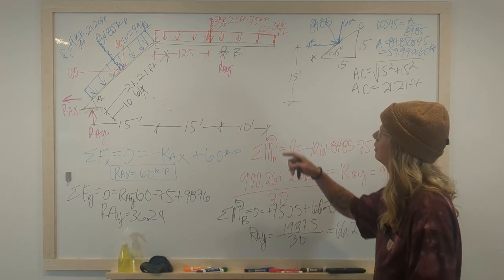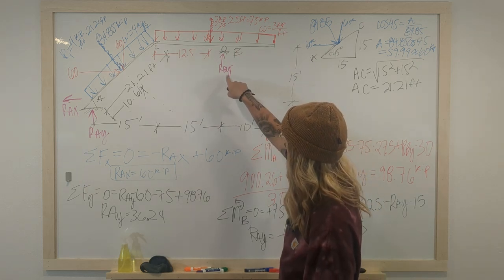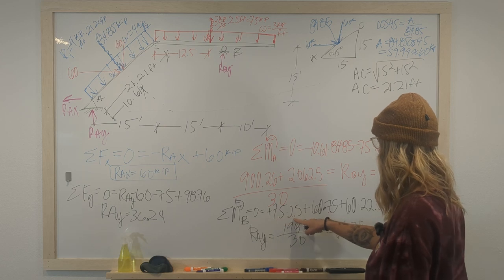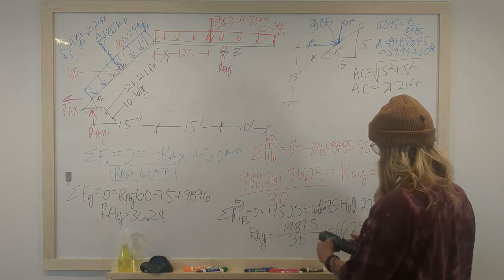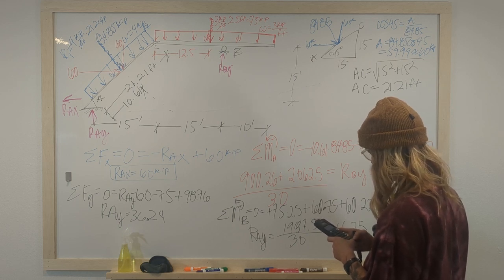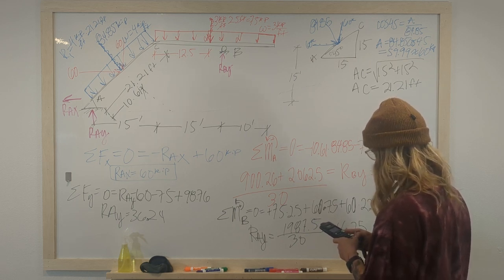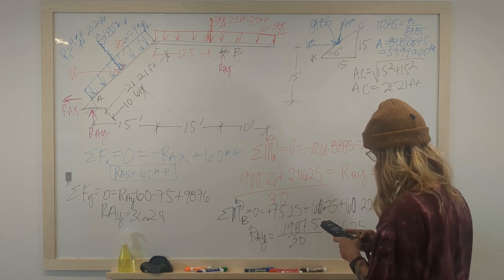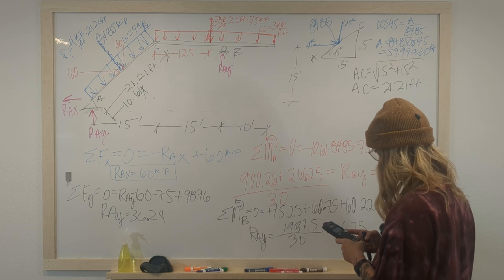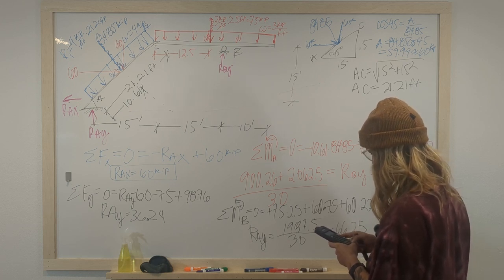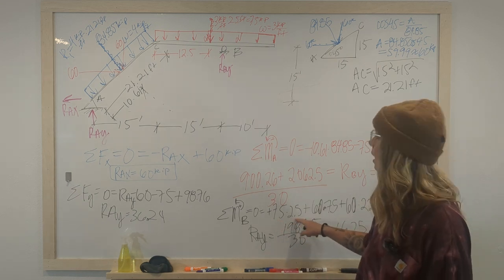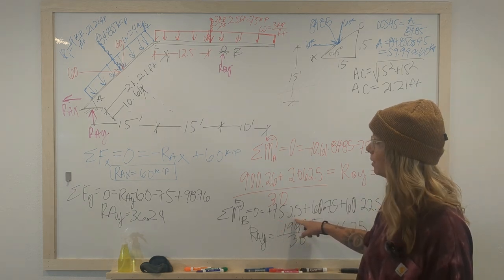So let's look at this. We have 75 causing positive rotation, and it is 2.5 away from RBY. Let's just make sure I put it in my calculator right before I go any further. 75 times 2.5 plus 60 times 7.5 plus 60 times 22.5, 1987.5 divided by 30. Yep, so something's wrong here. I feel good about 75 times 2.5.